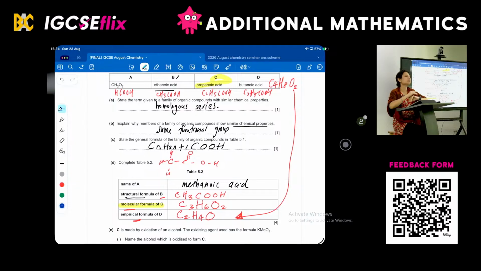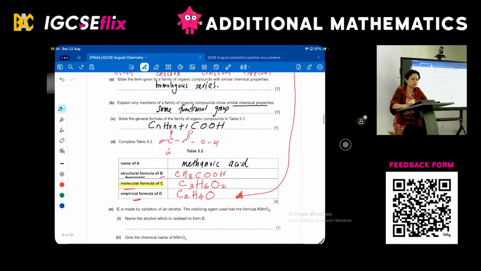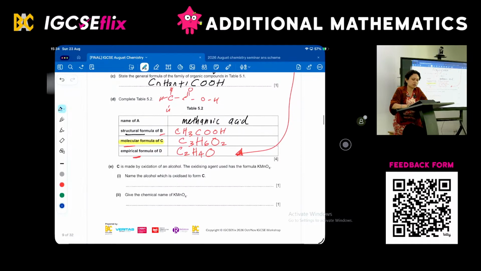Okay, ready? Can you see the difference between the three? Yeah. Okay, so C is made by oxidation of an alcohol. Okay, so we go back to just now that one. Ethanol becomes ethanoic acid. Propanol becomes propanoic acid. Correct or not?